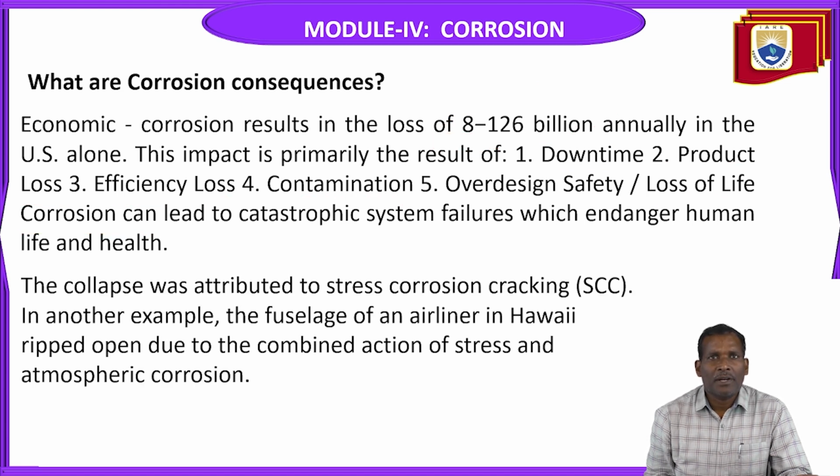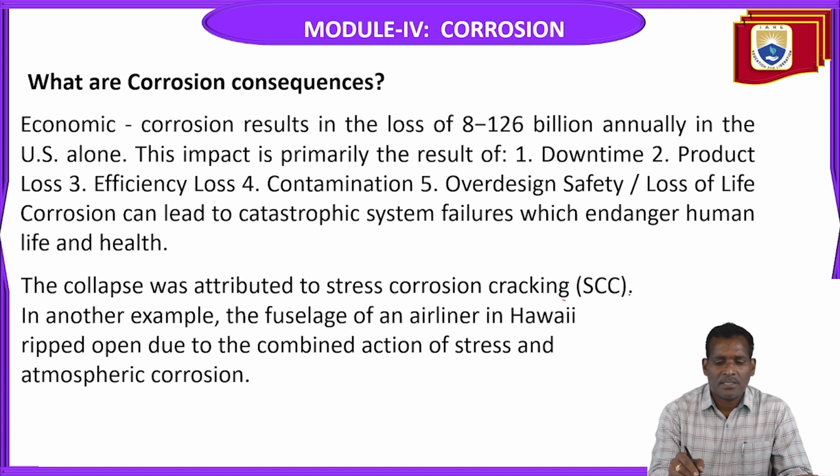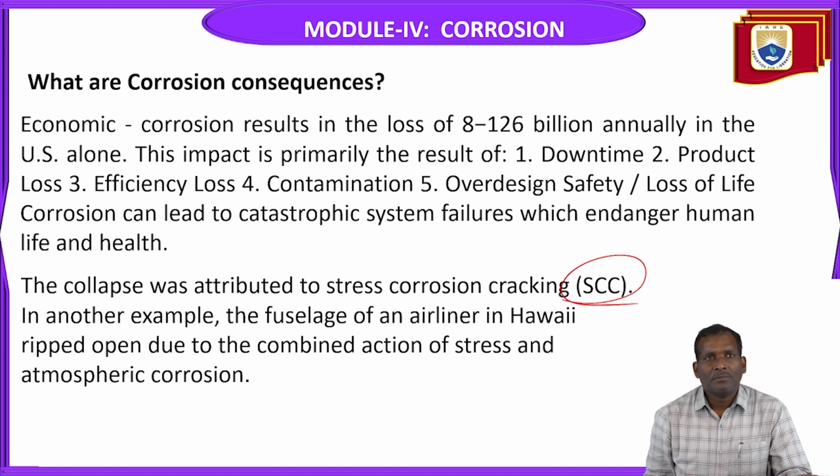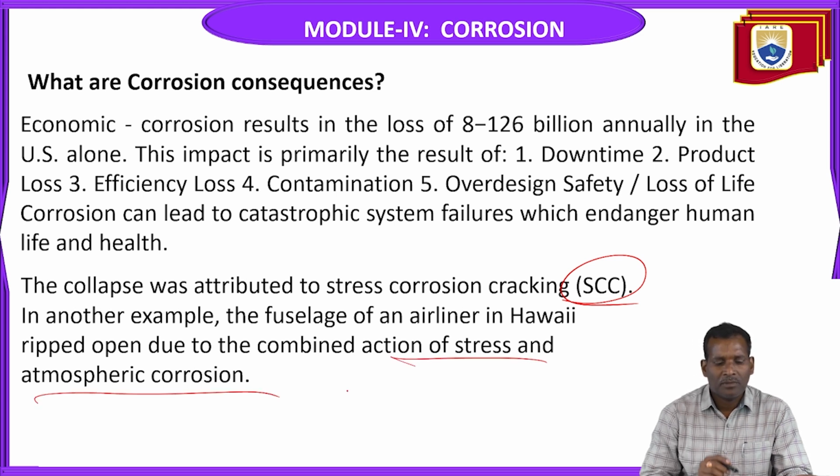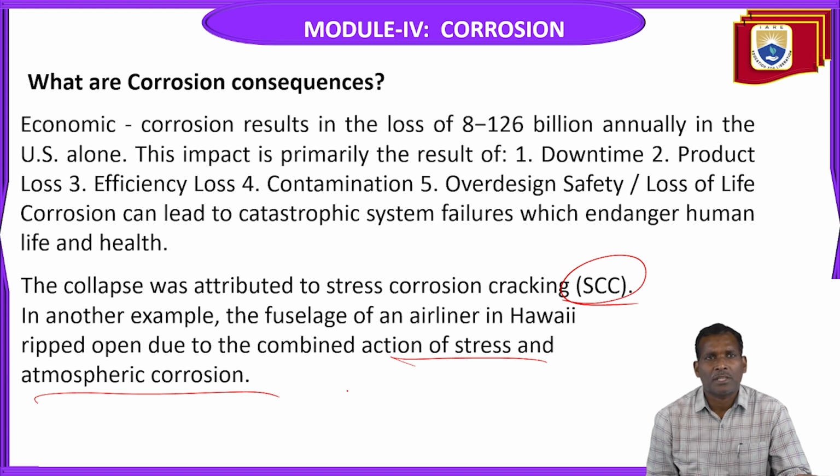The collapse was attributed to stress corrosion cracking, that is called SCC. Another example, the fuselage of an airliner in Hawaii rapidly opened due to the combined action of stress and atmospheric corrosion. This combination of stress and atmospheric corrosion happened in the fuselage of the airliner.